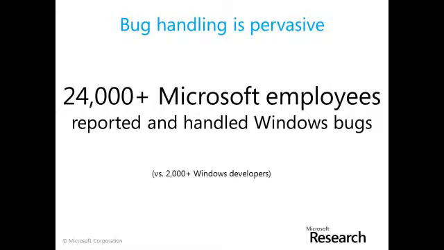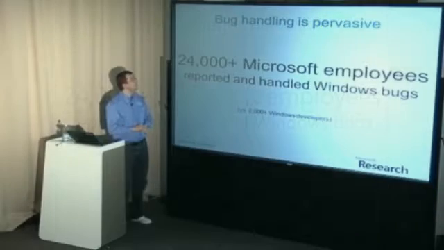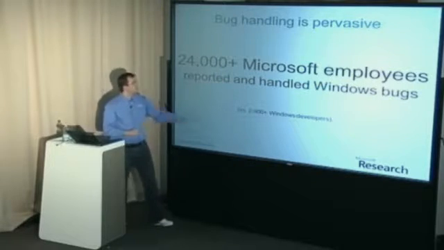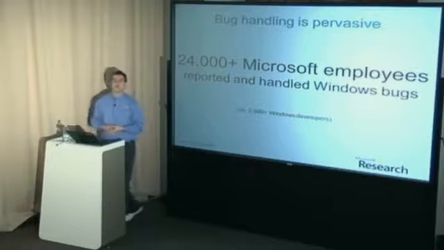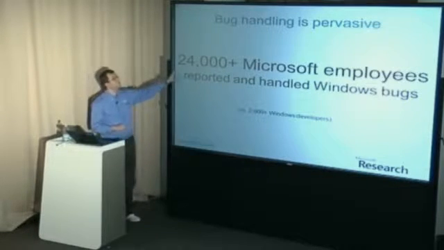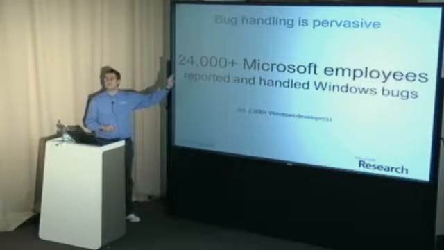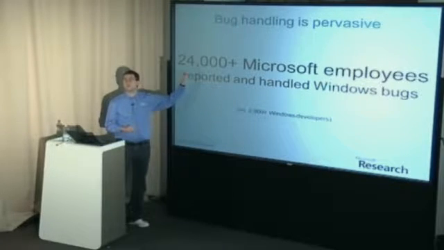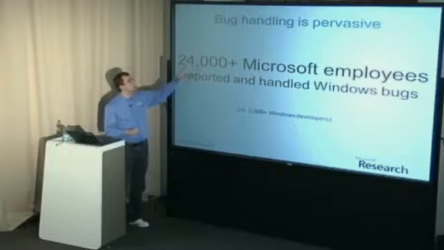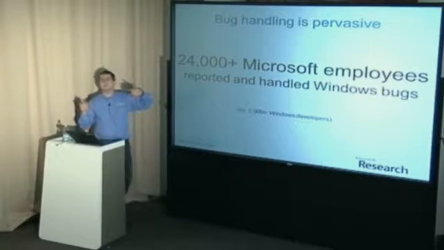And just to give you one more number why bug handling is actually quite important. So for Windows, we have about 2,000 developers who write Windows code. But if we look into the bug database for Windows at Microsoft, there are more than 24,000 Microsoft employees who in some role participated in one bug report.